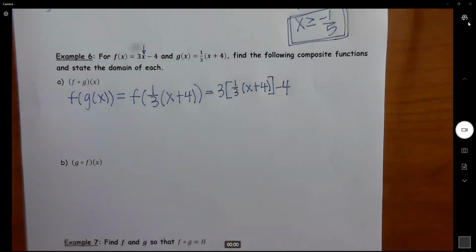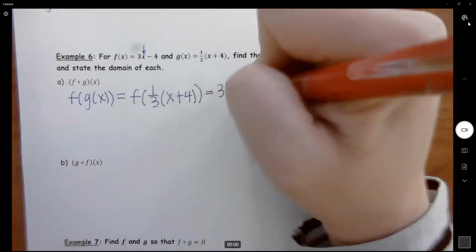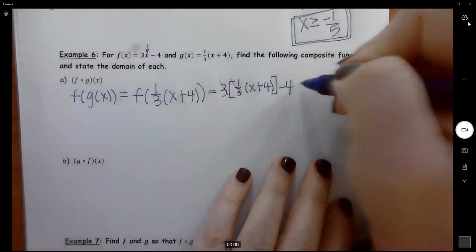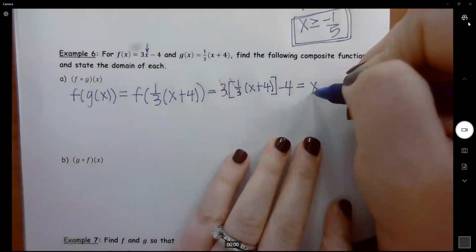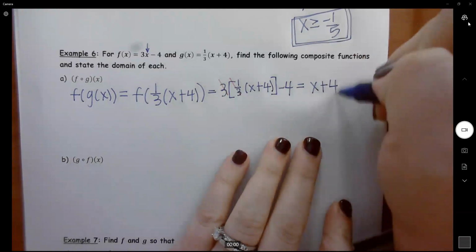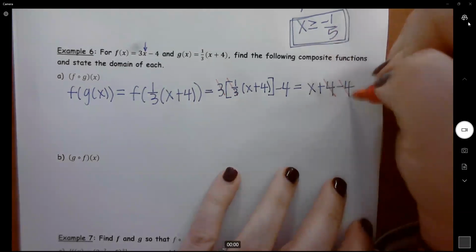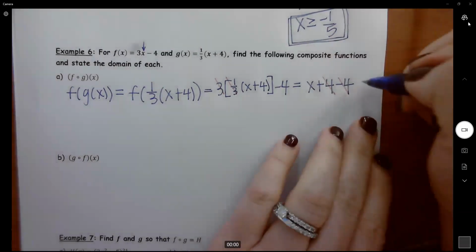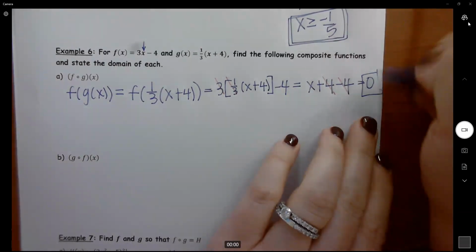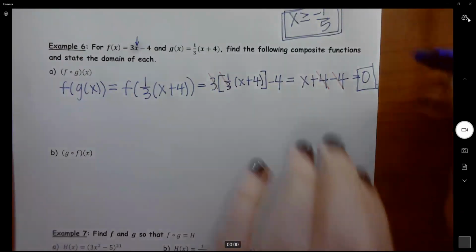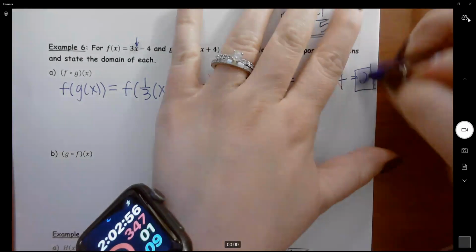So 3 times 1/3, or 3 divided by 3, is 1. Those cancel. So I am left with x plus 4 minus 4. The 4 minus 4 also cancel, it becomes 0. And so then this is 0. Sorry, that's not 0. That's x.